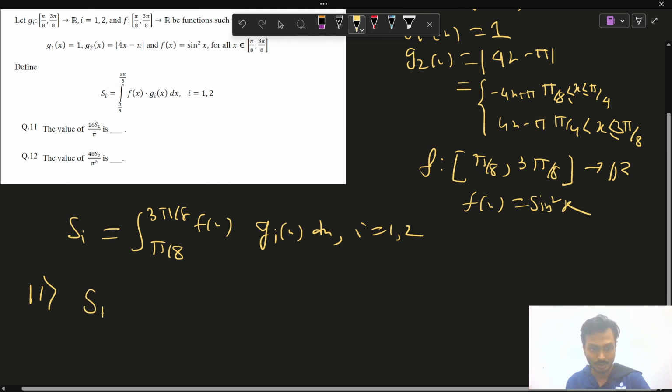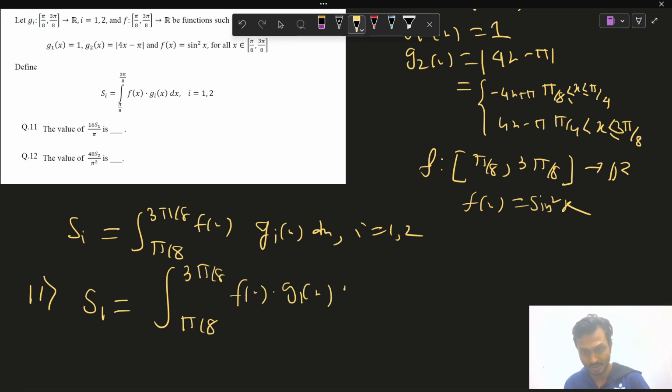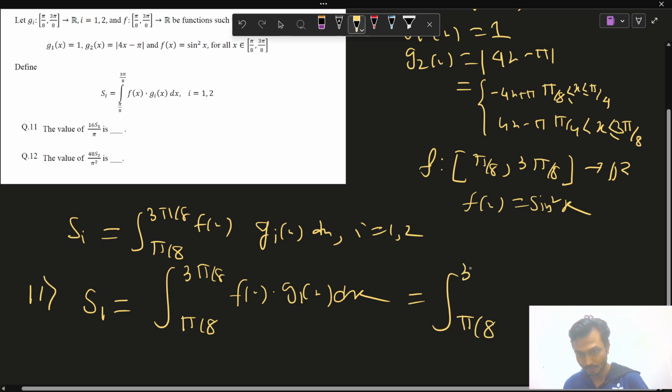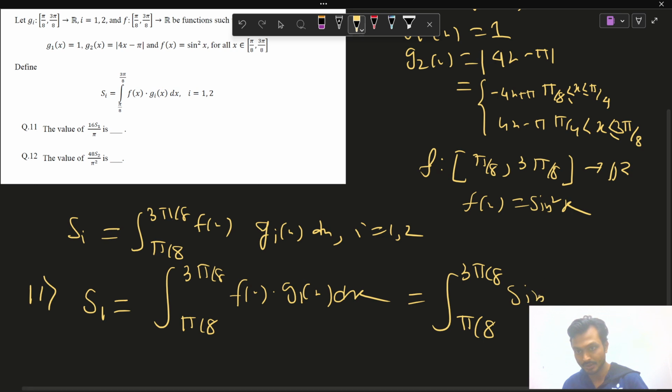So S1 equals the integral from pi by 8 to 3 pi by 8 of f(x) into g1(x) dx. G1(x) is 1, so this is very easy. So this is sine square x into 1 dx.